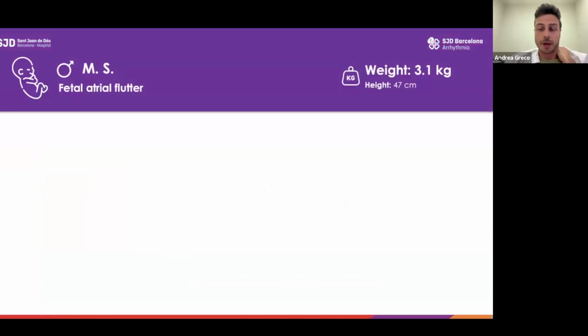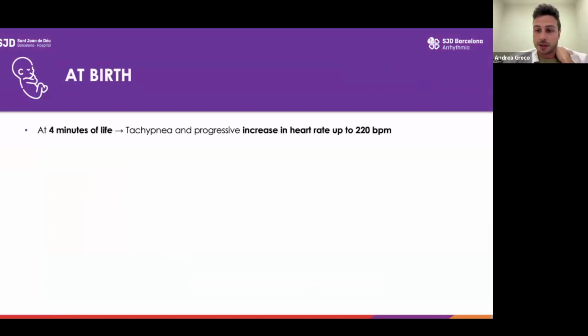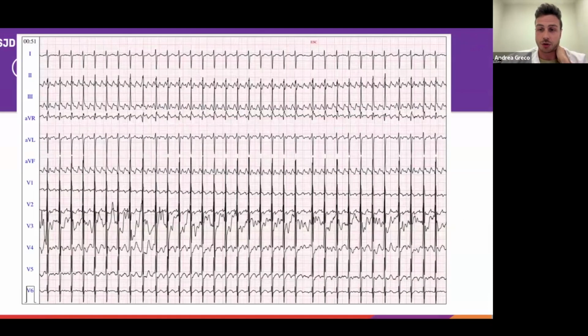So finally, born a male of 3.1 kilos of weight, and at 4 minutes of life, we see tachypnea and progressive increase in heart rate up to 220 beats per minute. And this is the electrocardiogram during this tachycardia.